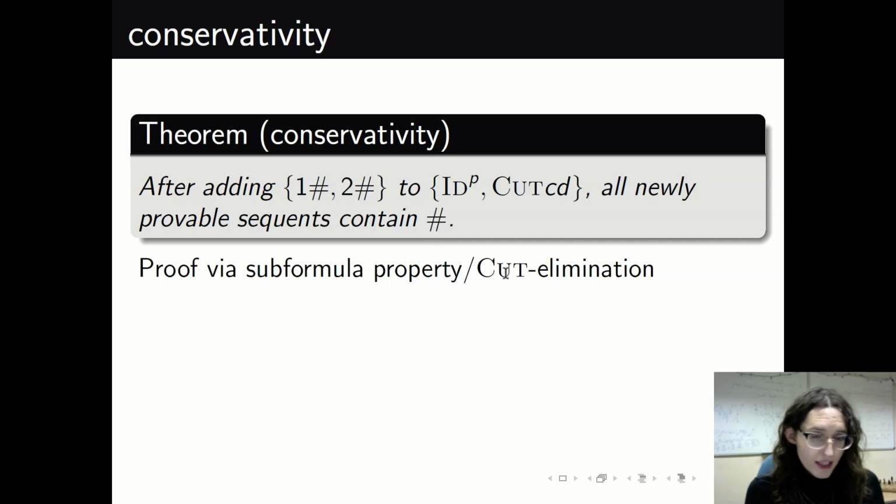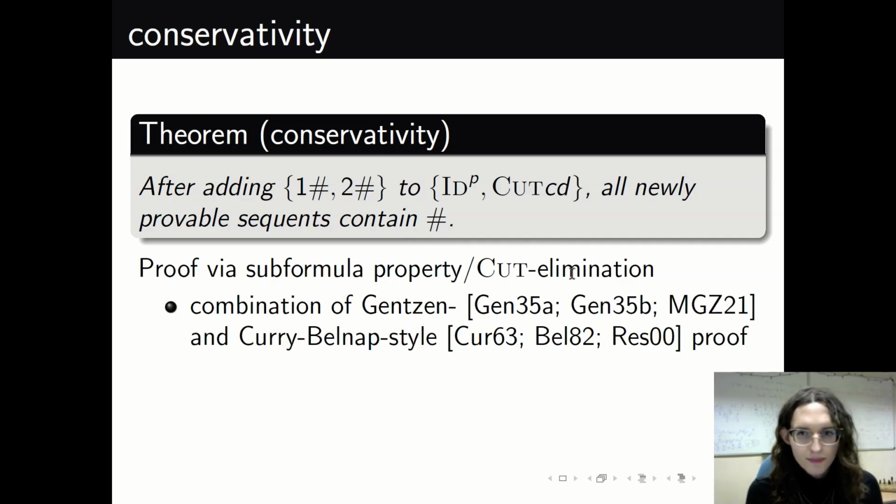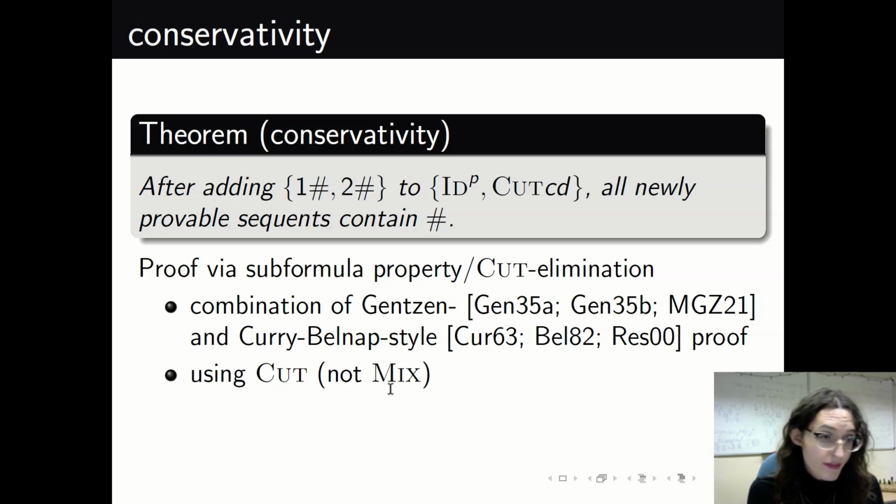Since we have cut elimination, we show this through the subformula property by cut. So we can see the proof is very straightforward. It's a combination of a Gentzen and a Curry-Belnap style proof. Of course, we can't use the mix method here because we don't have weakening and contraction present. Instead, we need to resort to proving things directly via cut.